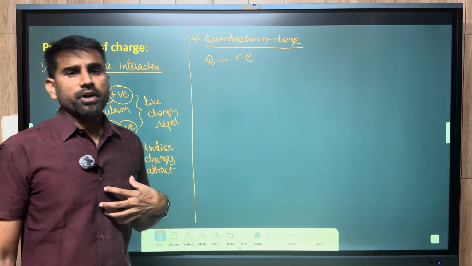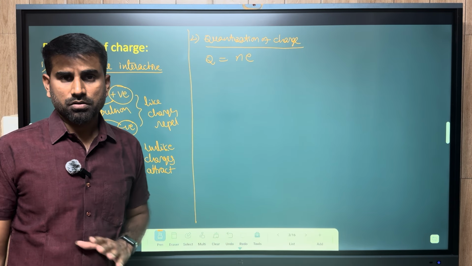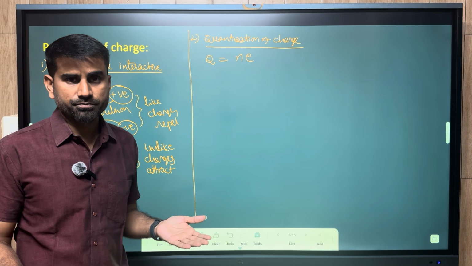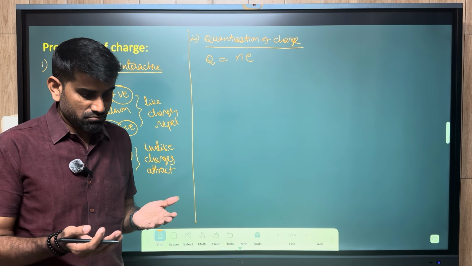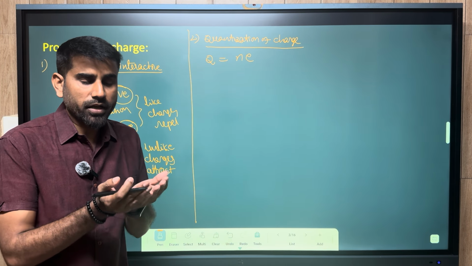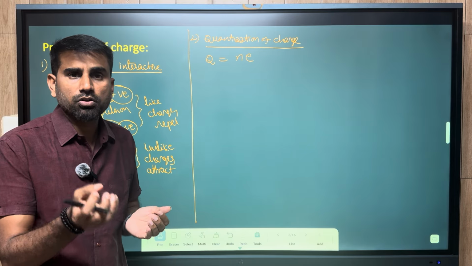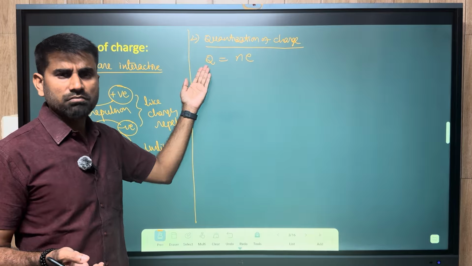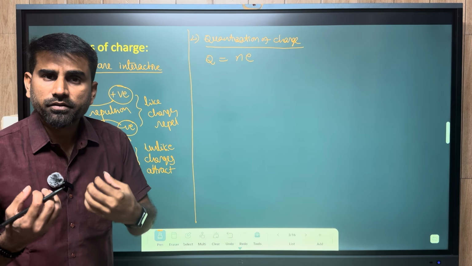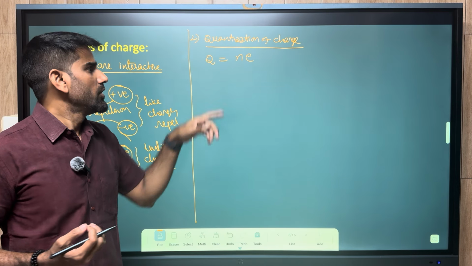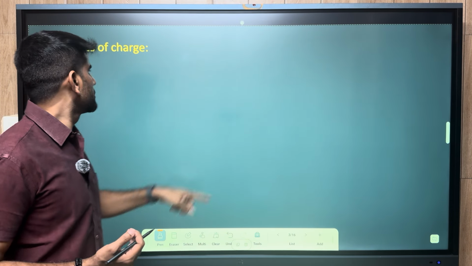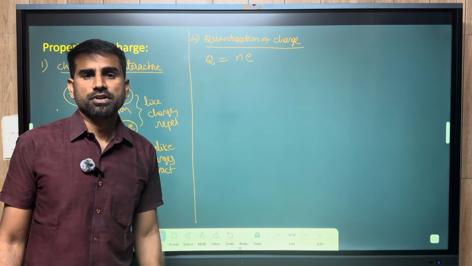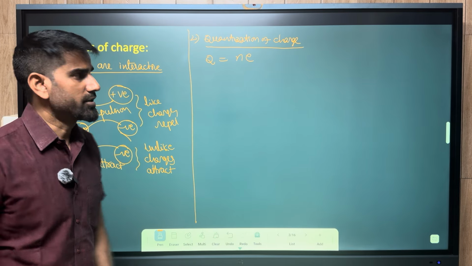So I cannot create half an electron or 1/3 of an electron, or 2/5 of an electron, because that is not possible. I can grab only 1 electron, 2 electrons, 5 electrons, 10 electrons. I can give 2 electrons to a body, or I can take 5 electrons from a body. So the total charge of a body can be expressed as an integer multiple of the charge of an electron, or the smallest unit of charge.